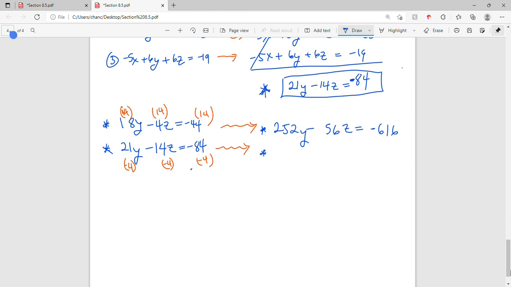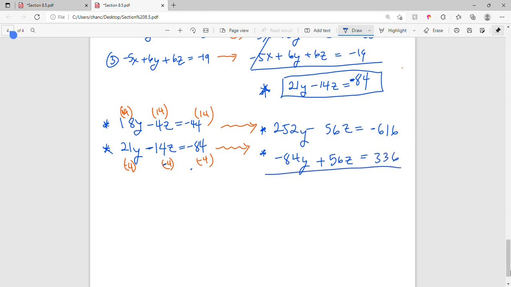Now for our second equation, we're going to multiply everything by -4. 21 times -4 is negative 84y. And 14 times 4 is 56. So this is negative 56z. Actually, this is a positive 56z because of these double negatives. So be careful. And this is equal to negative 84 times -4, 336. And this should also be positive.